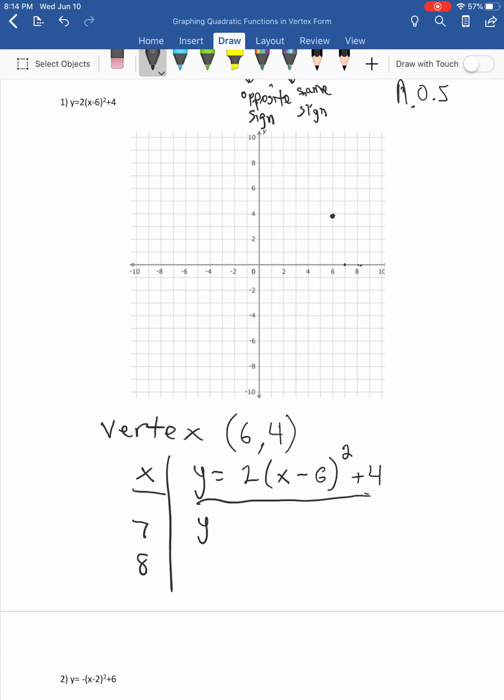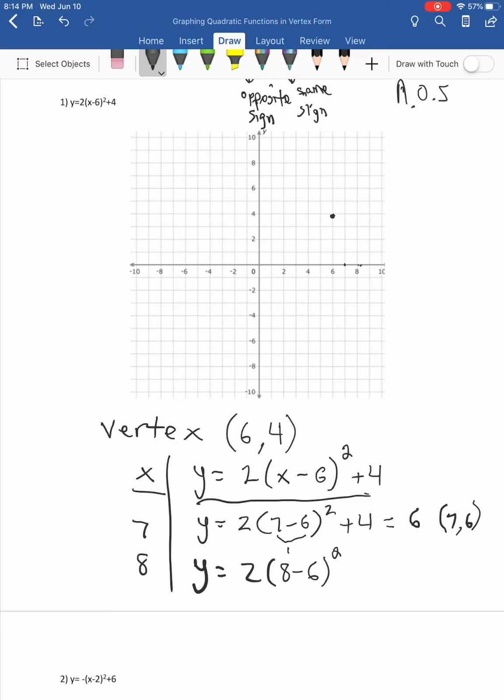Now we'll substitute into the function. So the y is going to be 2 times (7 minus 6) squared plus 4. So that's 1 squared. 2 times 1, so that comes out to 6. So we have the point (7, 6). And for 8, it's going to be 2 times (8 minus 6) squared plus 4.